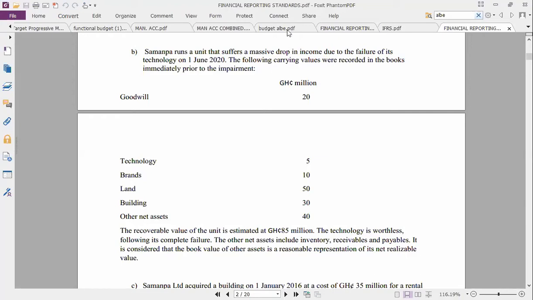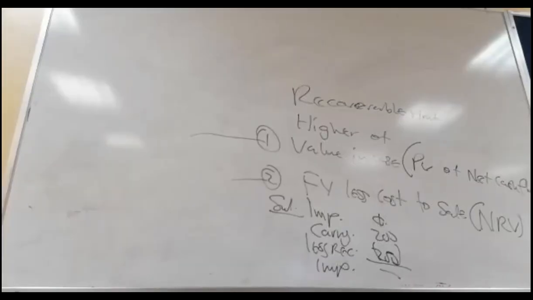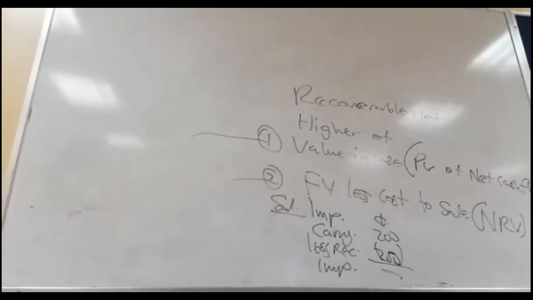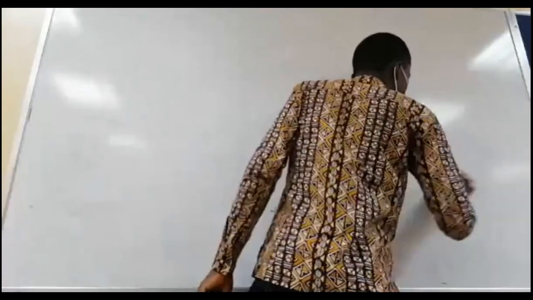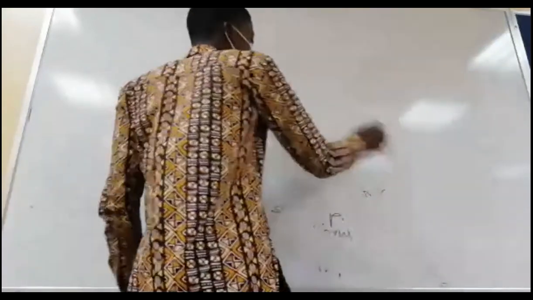So let's go and calculate the carrying amount. Here, all the assets they give you, can you sum them up to get the total carrying amount? Step one, there must be indications. Something must trigger that the asset has been impaired. They've done it already, so we won't start from there.